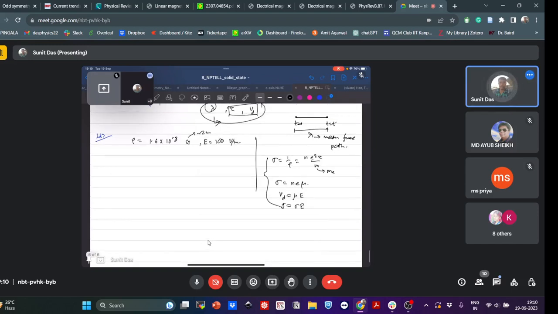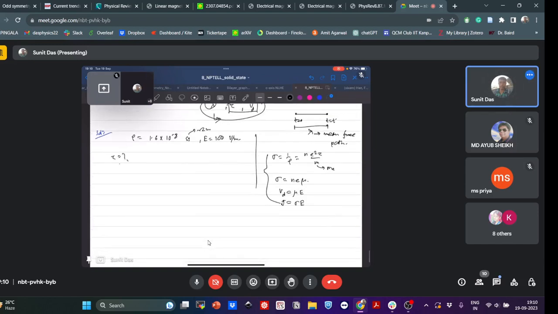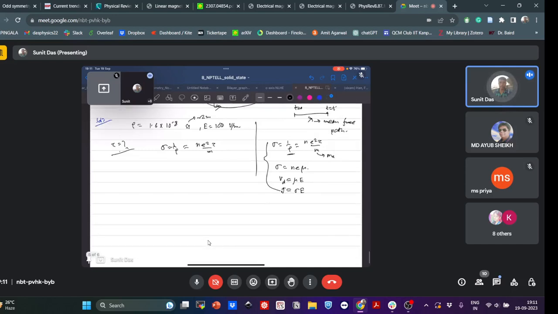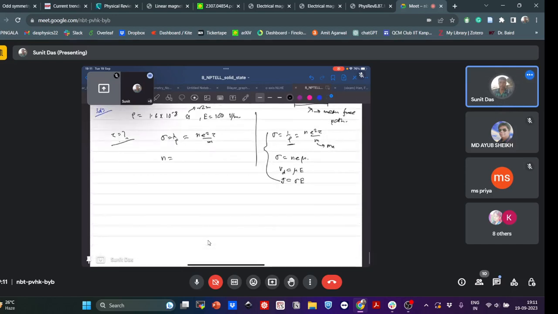So if we focus on tau, then we need n. We have rho, so we can find sigma equal to 1 by rho, which is equal to n e squared tau by m. So m we know, e also we know, so we need to find n. So n is the carrier concentration. It will be Avogadro number Na into density by atomic weight Ma.